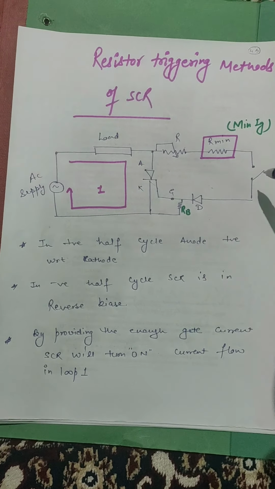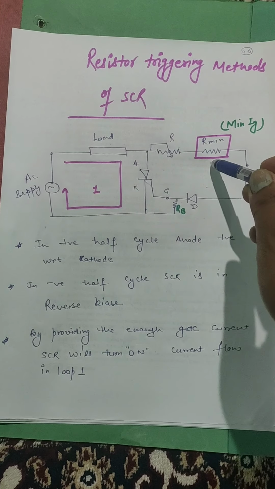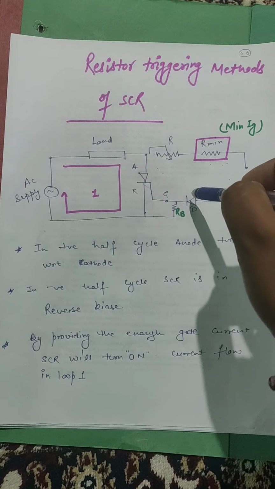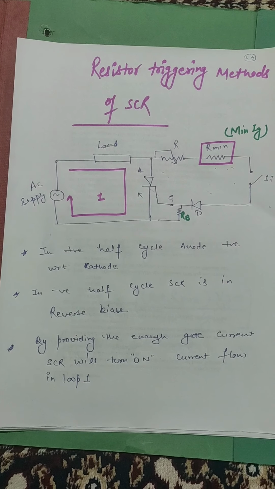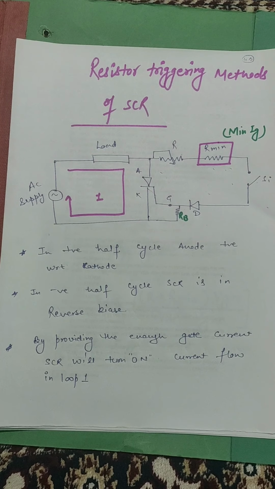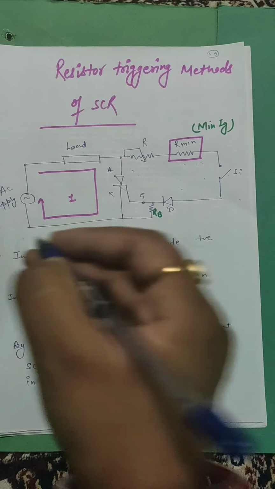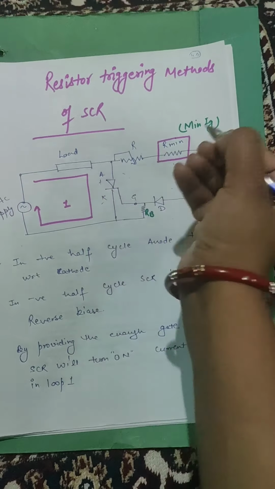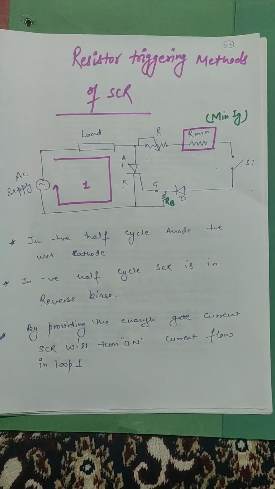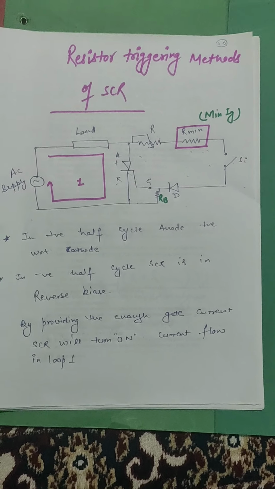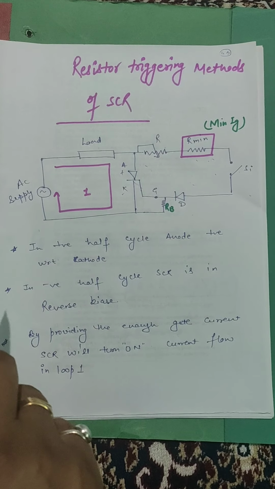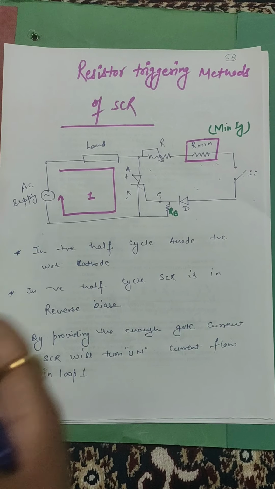A switch is used to open this circuit, or if it is closed, the circuit will be closed. In the positive half cycle, the anode is positive with respect to the cathode, and in the negative half cycle, the anode is negative with respect to the cathode, because the supply is an AC supply.